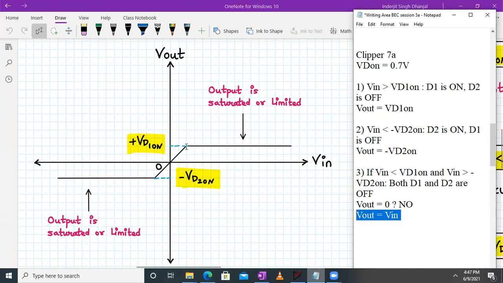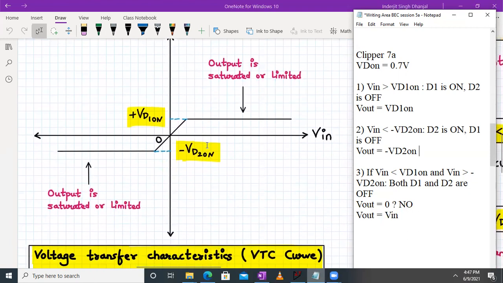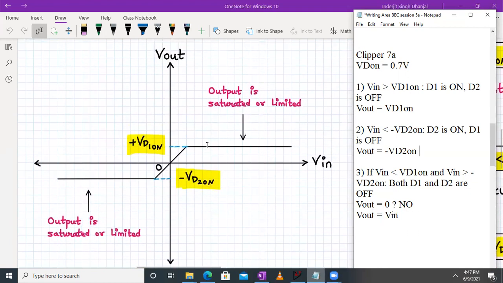Now, whenever V in becomes greater than VD1 on, at that particular time my output voltage is a constant equal to VD1 on. And whenever V in is less than minus VD2 on, at that time my output voltage is constant and equal to minus VD2 on. This is how the voltage transfer characteristics curve looks.